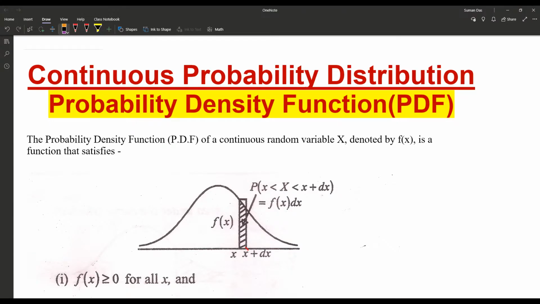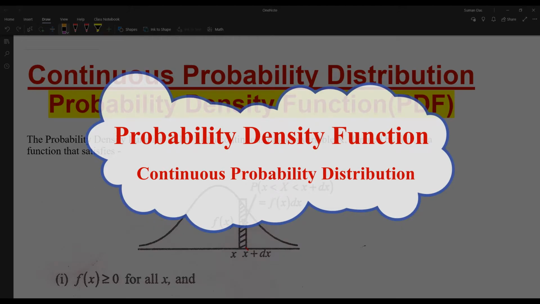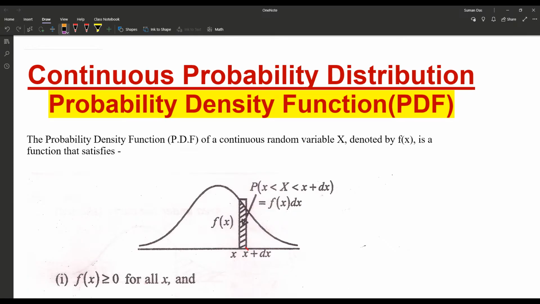Hello friends, in the last tutorial video we already discussed the continuous probability distribution, but that video was based on the density curve.